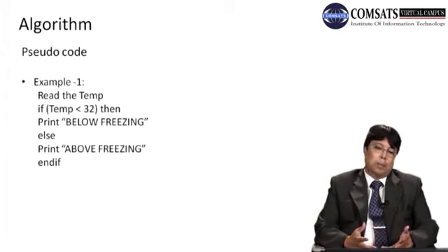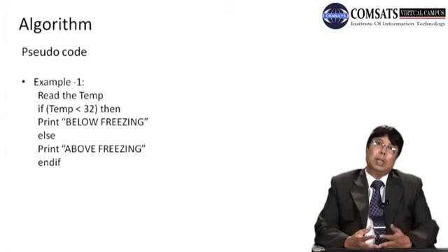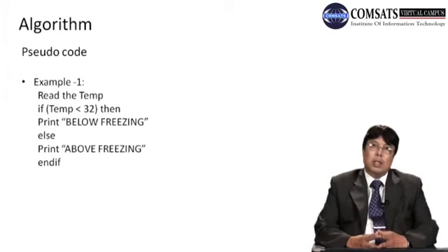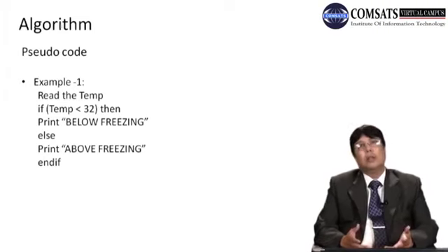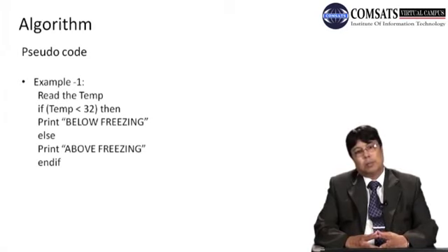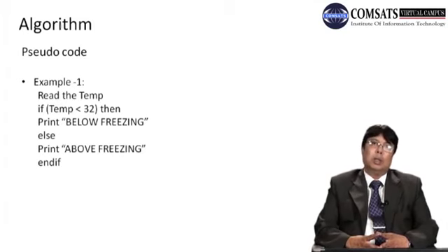So, a very simple algorithm. It has just one input, one testing statement, and one output statement. When I talk about control structures, flow structures, then I'll talk about the if structure also. But at this stage, our objective is to see an example of the algorithm.